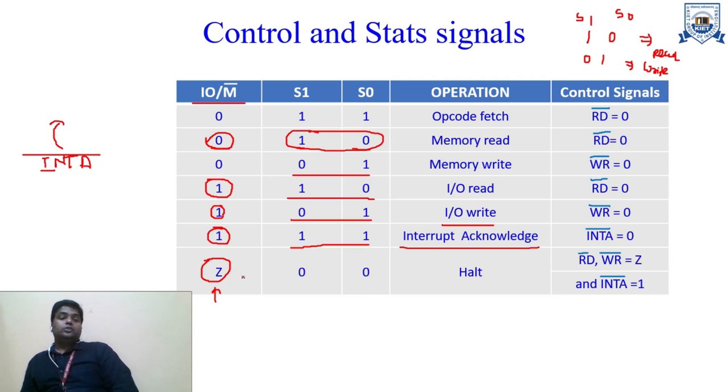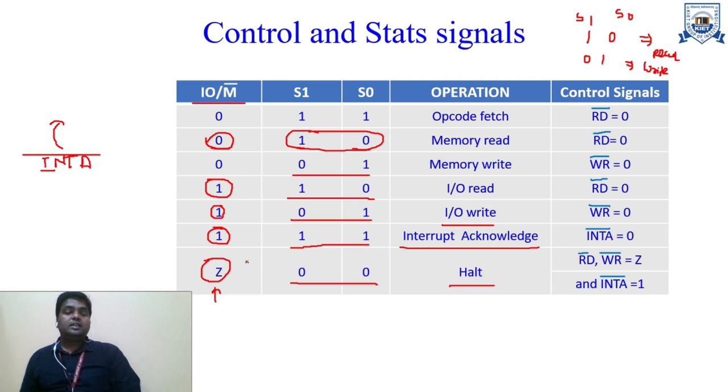So when IO/M complement is in tri-state and S1 and S0 is equal to 0, that is your halt condition. That means stop the operations. That is the meaning of the halt operation. So we just stop the operations, that means the program execution has been performed. So that is the meaning of these particular values.